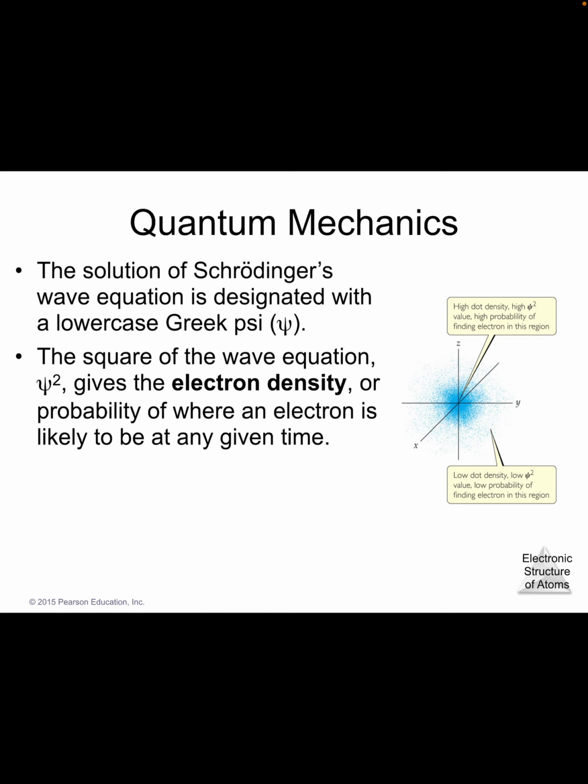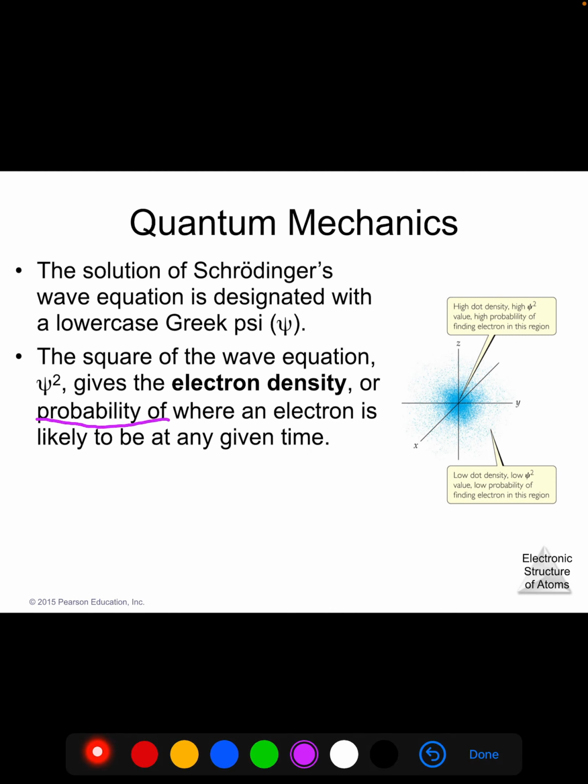And these proper depictions depict electron density, the likelihood or the probability of finding an electron in a given position. You're unlikely to find it out here, and you're more likely to find it in here where it's more densely designated.